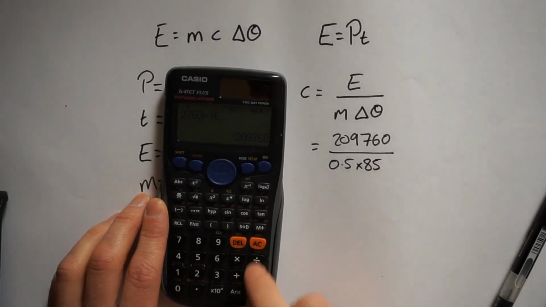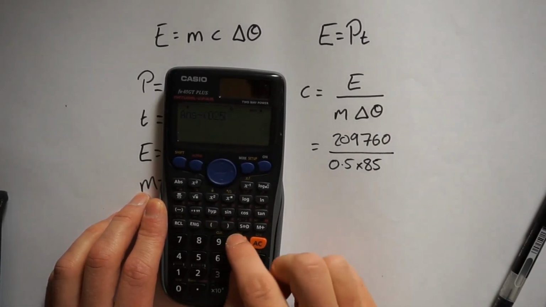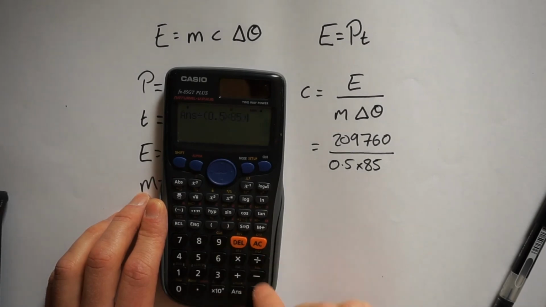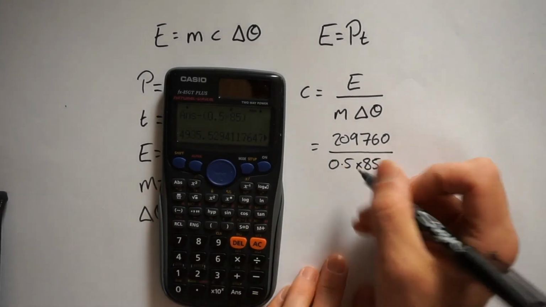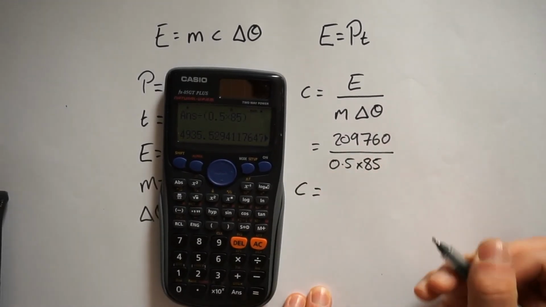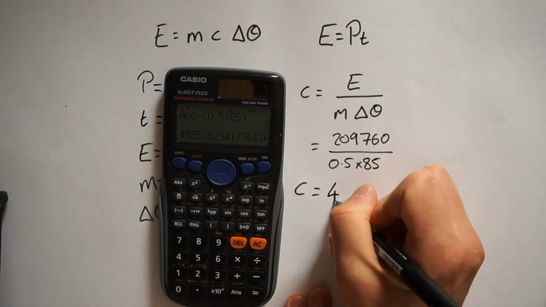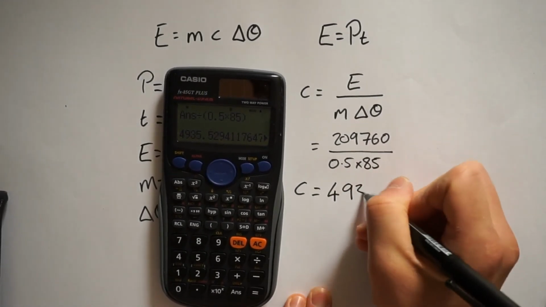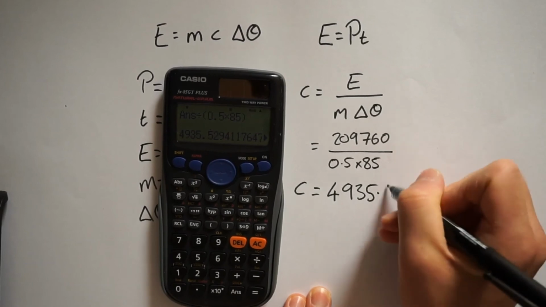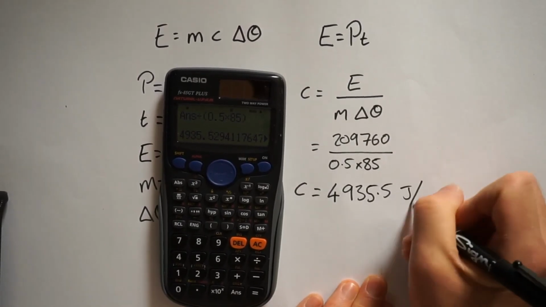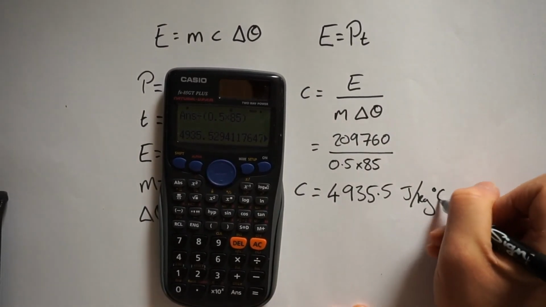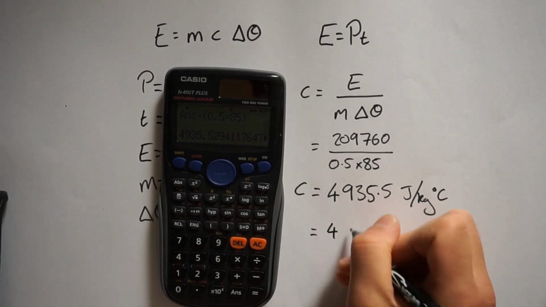We just place this into our calculator. This gives us a specific heat capacity in our at-home experiment of 4,935.5 joules per kilogram per degree C. Let's go to three significant figures.